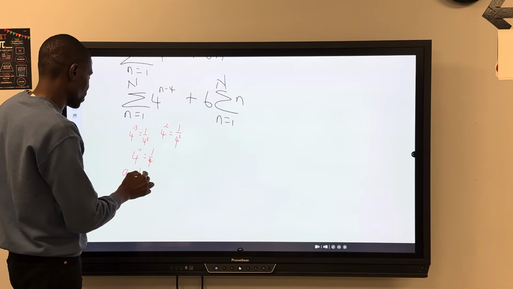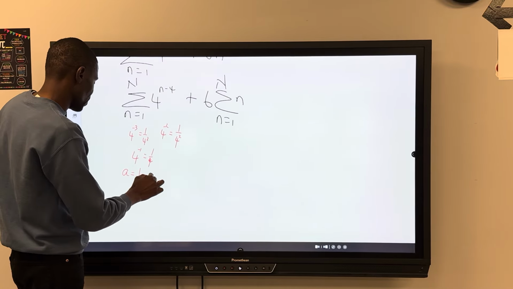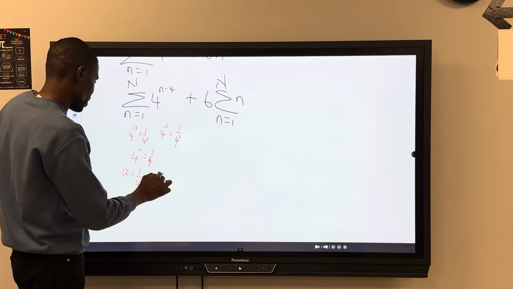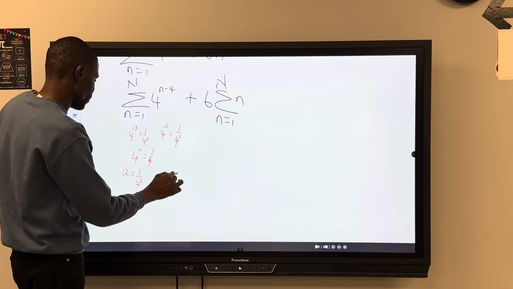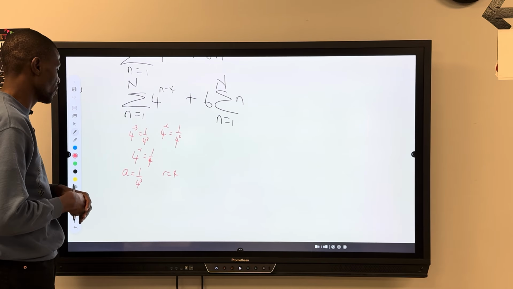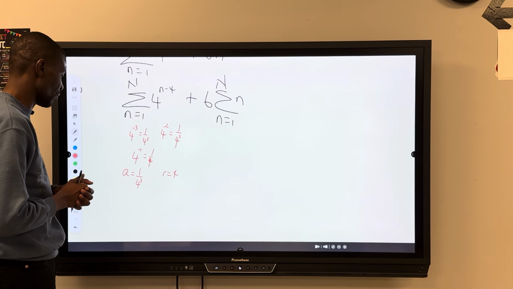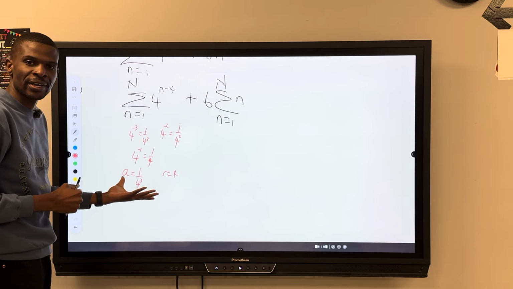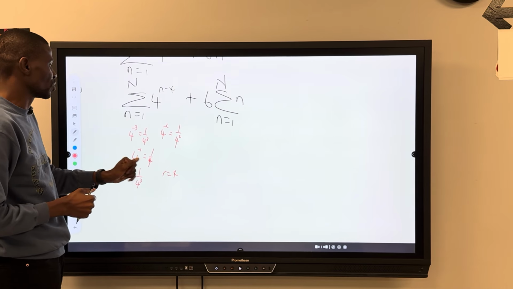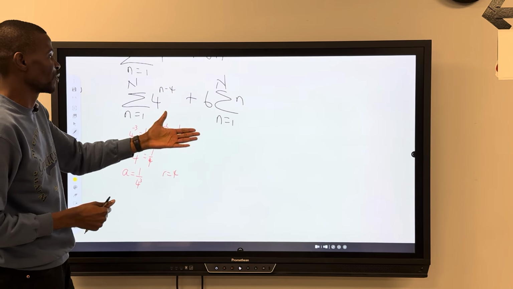Then our common ratio is equal to just 4, because we are multiplying by 4 each time. So this is now a geometric progression with first term a and ratio 4, and we want the sum of the first n terms.